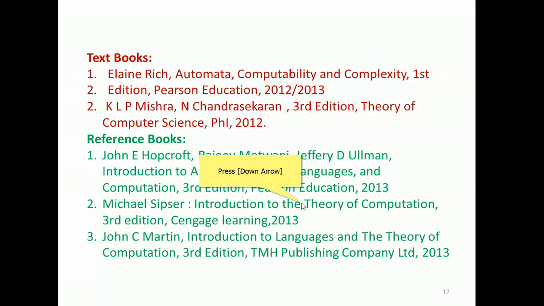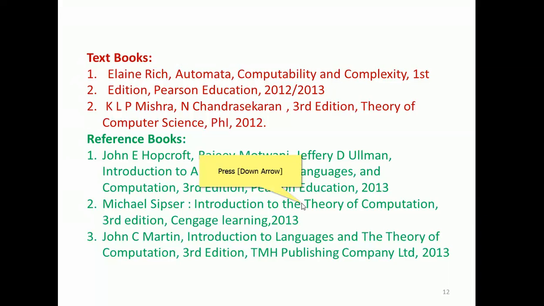These concepts can be considered from the literature: Elaine Rich, Automata, Computability and Complexity, first edition, Pearson Education, and KLP Mishra and Chandrasekharan, Theory of Computer Science, third edition, Prentice Hall of India. These are the textbooks from the university's point of view.